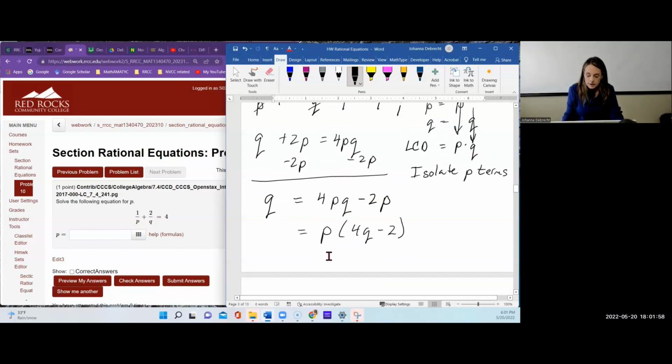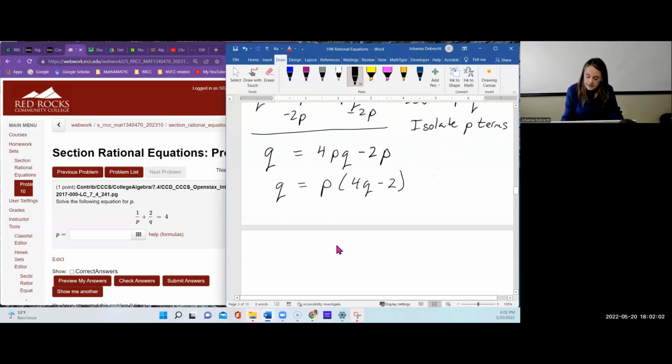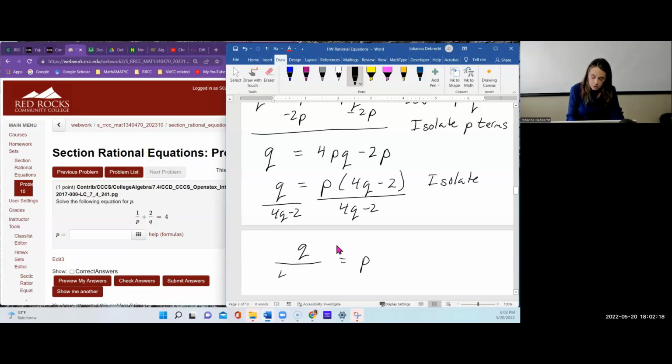I just want P. This is still equal to Q. To isolate P, I need to divide both sides by the 4Q minus 2. This gives me P on the right and Q divided by 4Q minus 2 on the left.